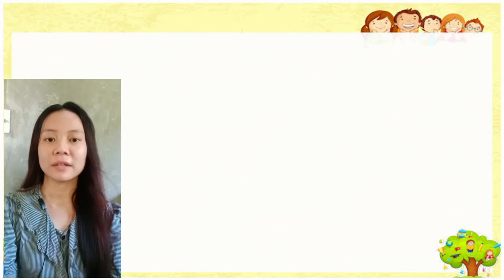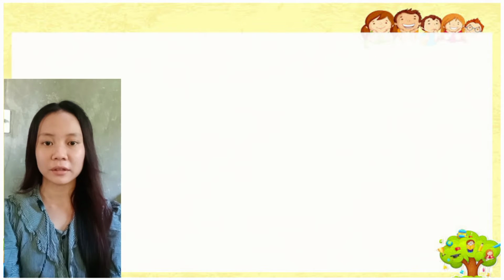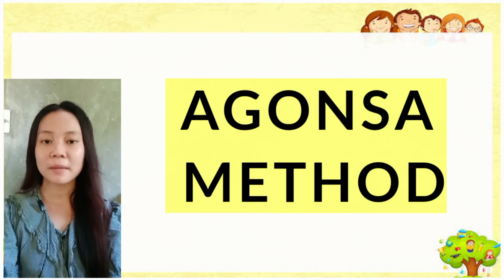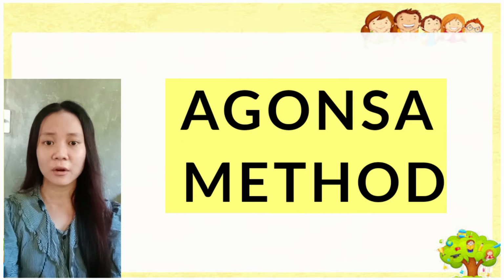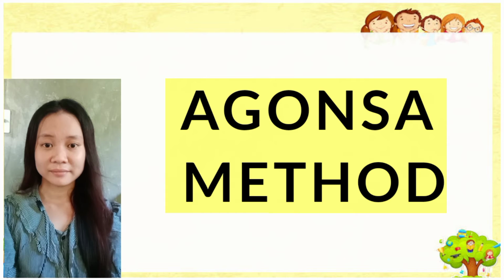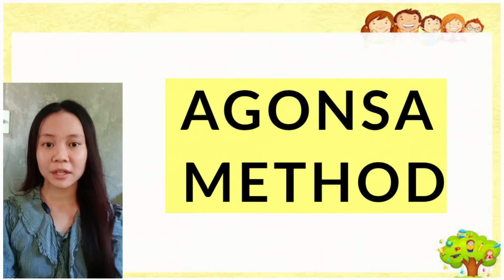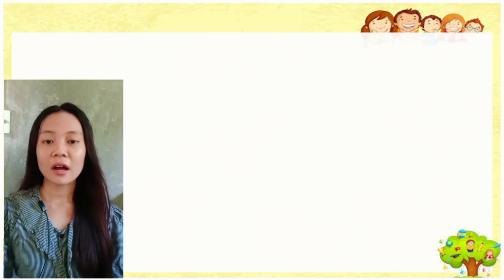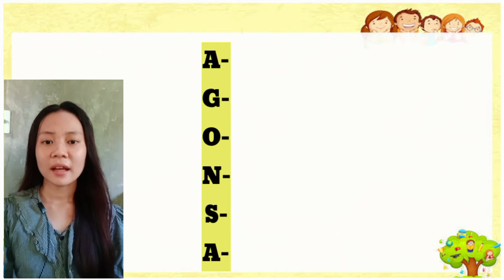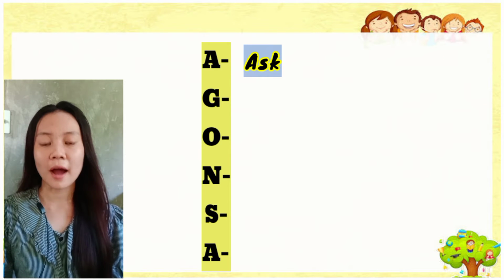On that problem kids, let's try to solve it using the Agonsa method. First, do you know what the Agonsa method is? When we say Agonsa method kids, it is a method we use to solve a problem. In the Agonsa method, A stands for ask.